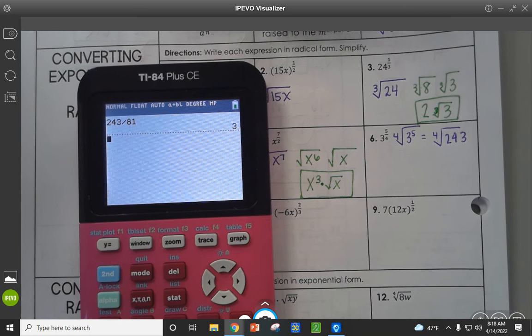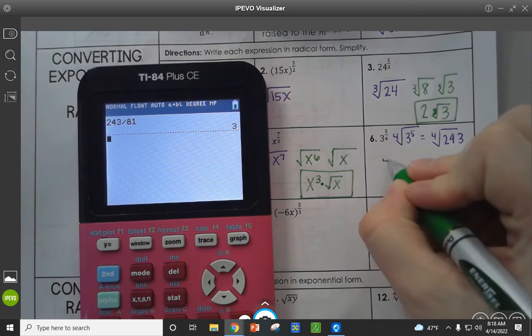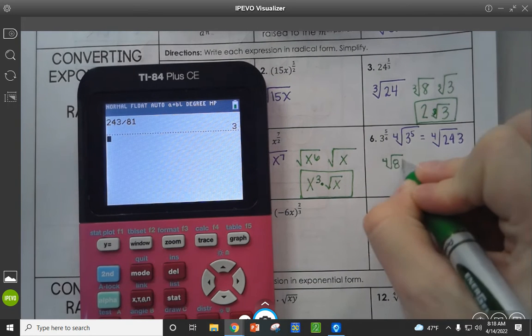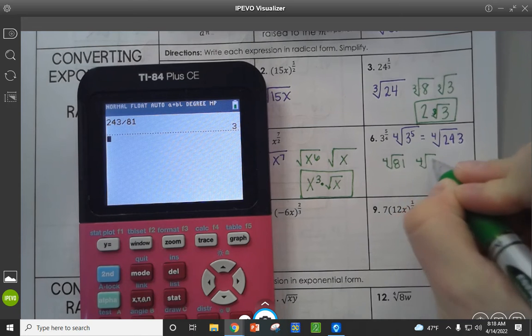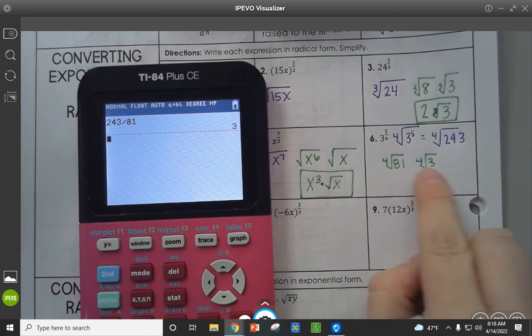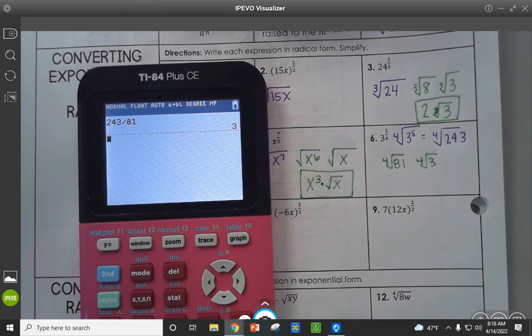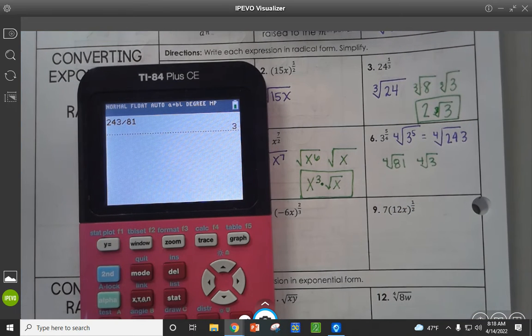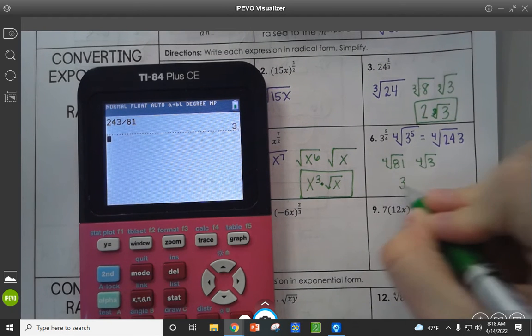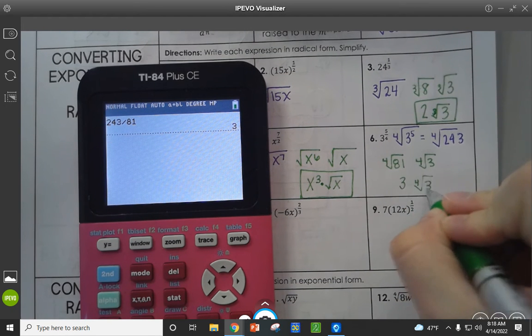If we divide by 81, we get 3. So I have the fourth root of 81 times the fourth root of 3, because 81 times 3 is 243. What is the fourth root of 81? 3. So this is 3 times the fourth root of 3.